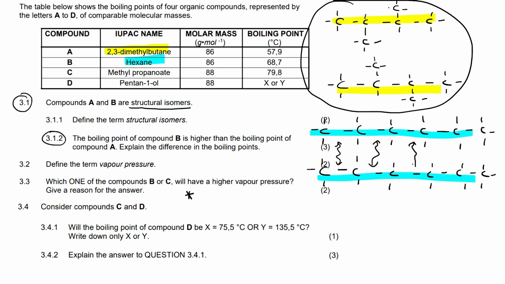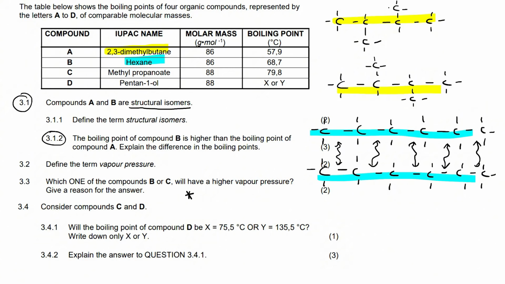They can get nice and close to each other. And so because they can get nice and close to each other, they can hold on to each other more strongly than these molecules can. These molecules can't get that close to each other because these branches get in the way. So as soon as they get close to each other, the branches kind of get in the way.